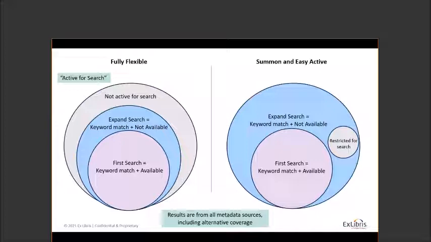In Primo Central, in the world of dual activation, activation happened in two places. After purchasing content, the librarian will go to the KB and activate the collection for full text. In addition, they would go to the Primo Central UI, to My Profile, and activate the collection for search.